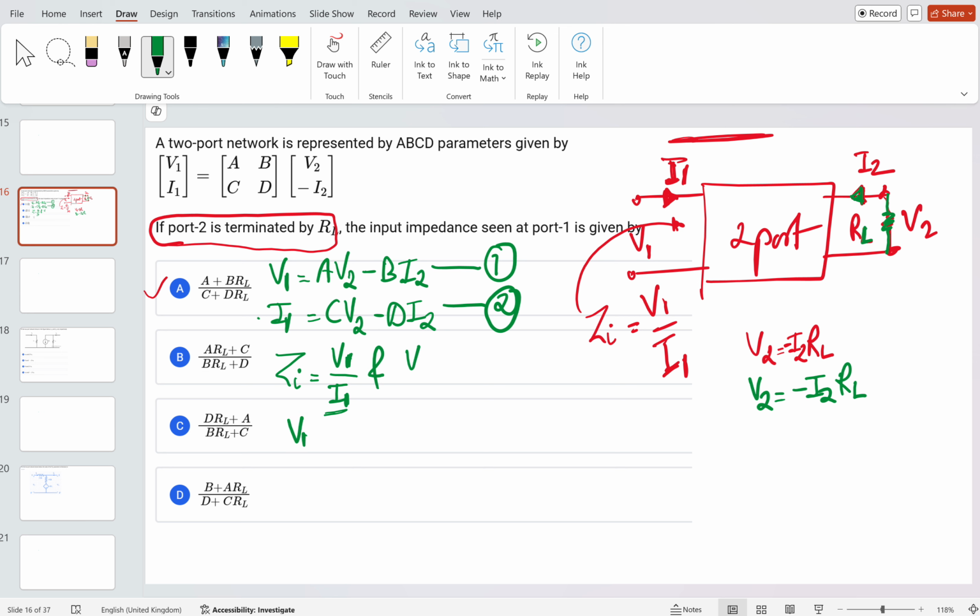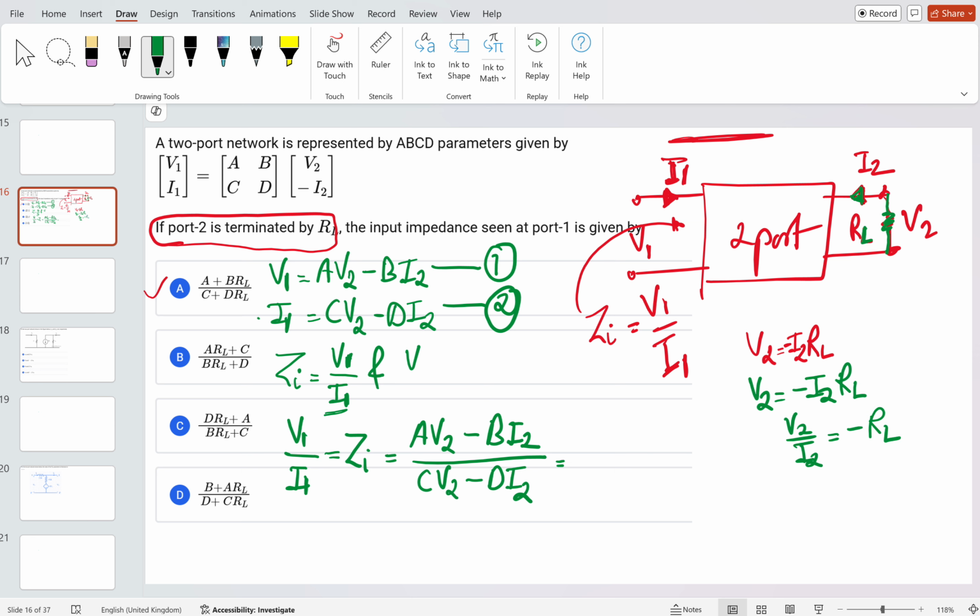If you divide both, V1 by I1, which we needed, that is Zi, equals A times V2 minus B times I2 divided by C times V2 minus D times I2. Here we have the V2 by I2 ratio, which is equal to minus RL.